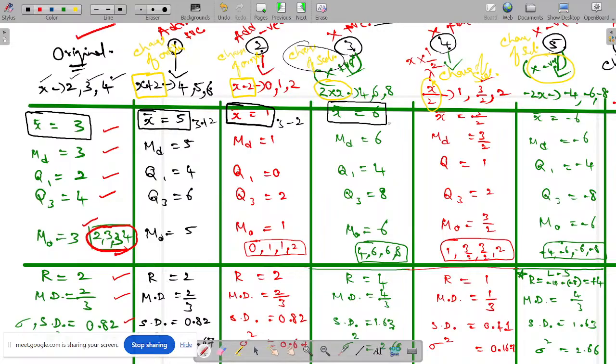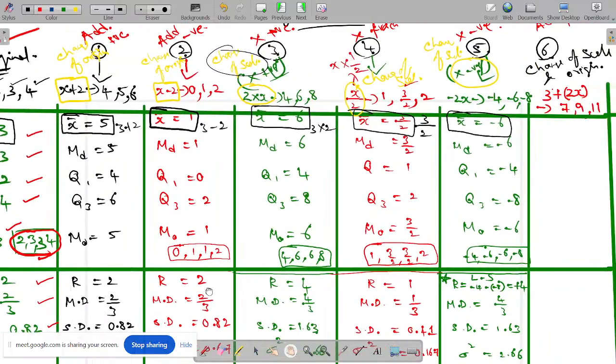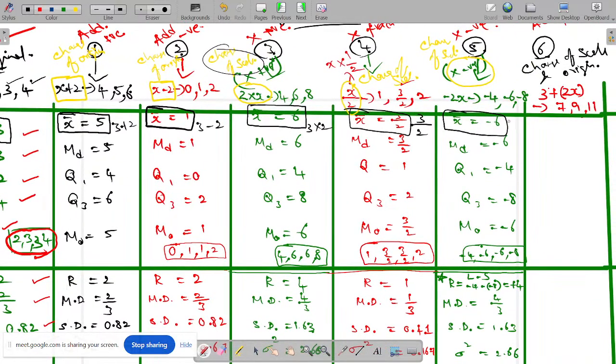How did you get it? 3 into 2. You remember I was saying don't write it as 1.5, keep it as 3 by 2. That's why I was saying this. So 3 is the original mean, divided by 2. What is this case? Minus 2, right? You are multiplying by minus 2. Actually, the original mean was 3 and you are multiplying by minus 2.